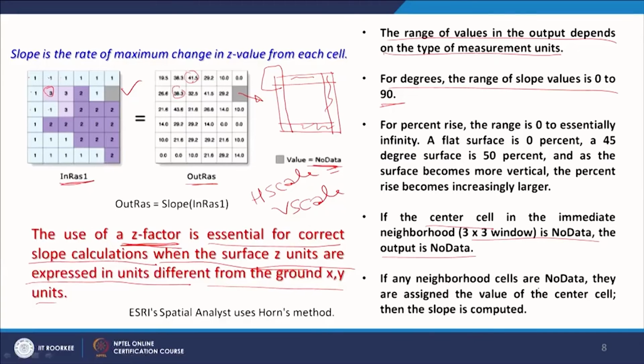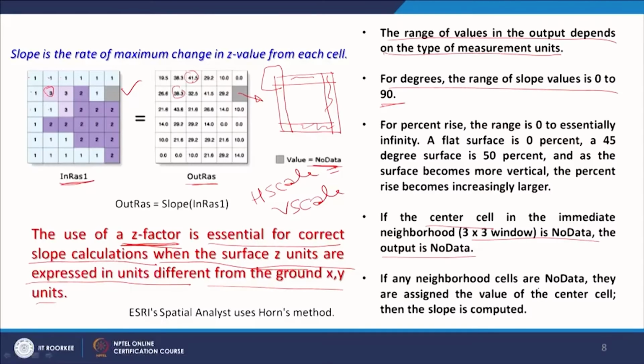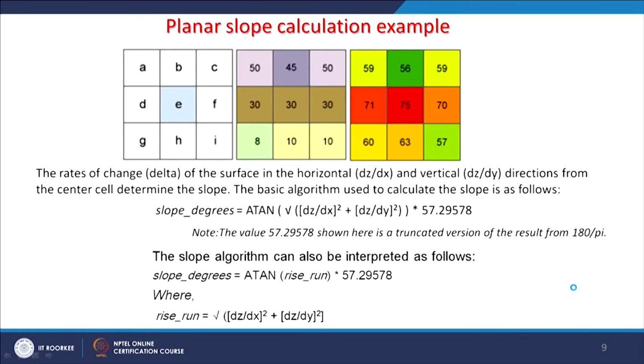So this is the best option available, and most of these software packages have implemented only 3 by 3, but I am sure that some software might allow you to design your own matrix and change the dimension. Instead of 3 by 3, you can go with any odd number. So neighborhood cells will decide what the value should be.